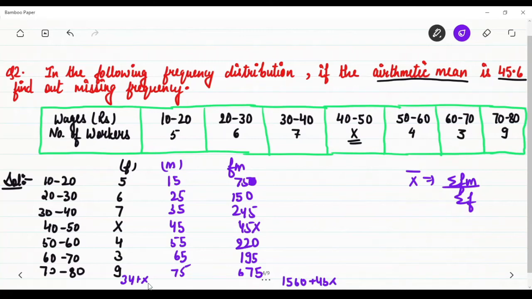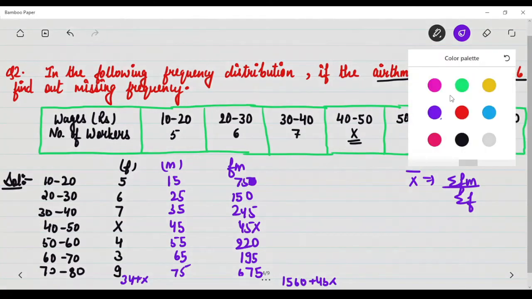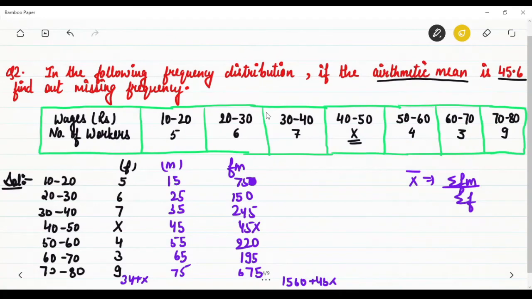Now let us put the values in the given formula. We have been given the mean already in the question, that is 45.6, equals sigma fm, here 1560 plus 45x, upon sigma f, which was 34 plus x.